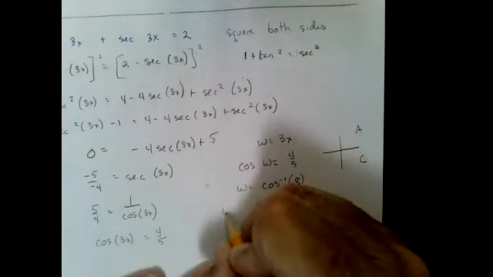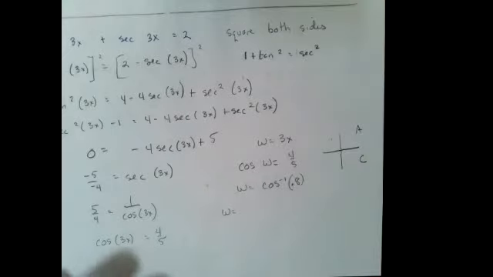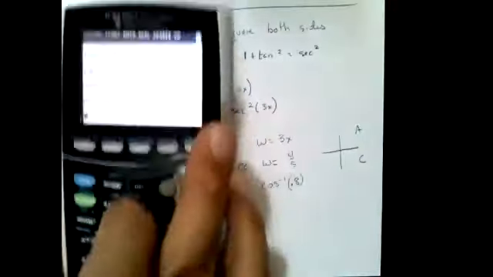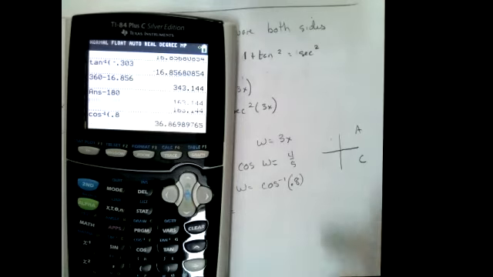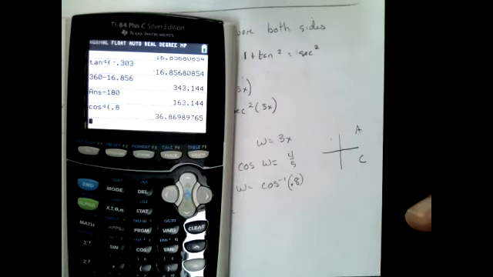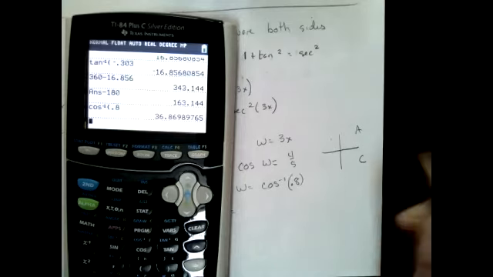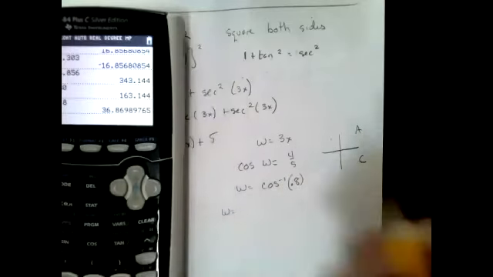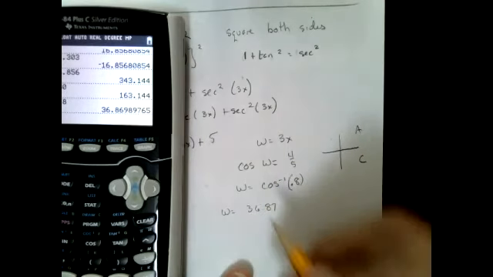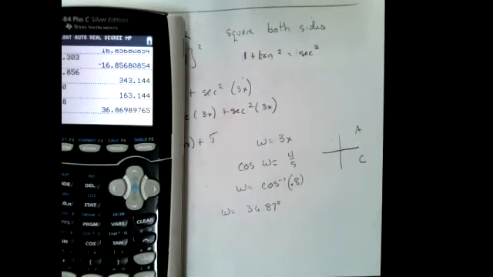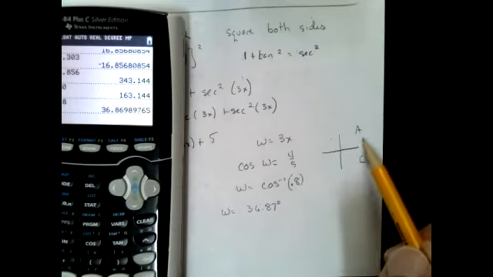So W equals, let's see, I want the inverse cosine of 0.8, and I get 36.87. So W equals 36.87 degrees. That's in the first quadrant.